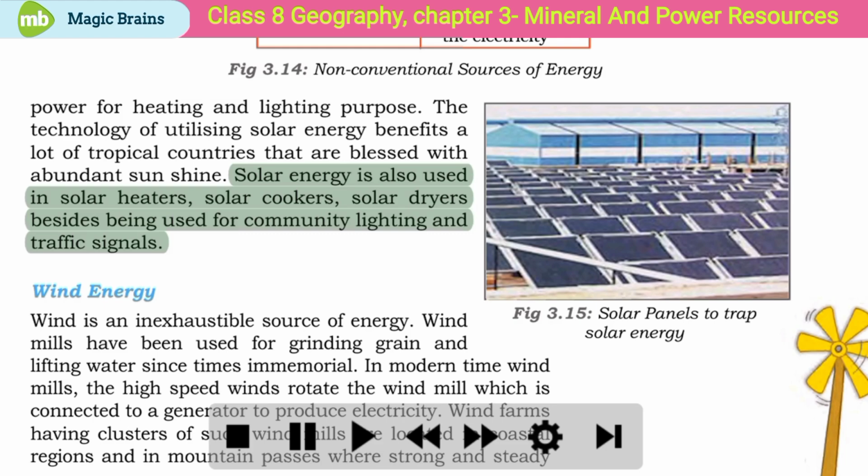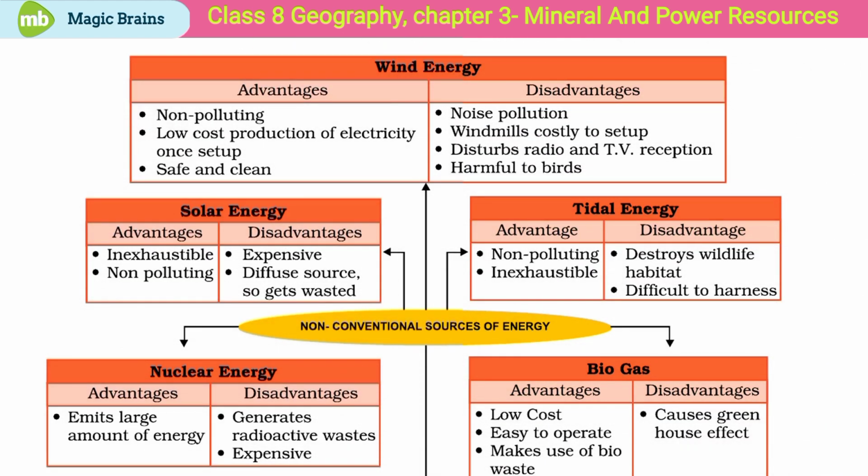On page number 31, there is a diagram given showcasing the advantages and disadvantages of non-conventional sources of energy. First part of the diagram shows the advantages and disadvantages of wind energy.